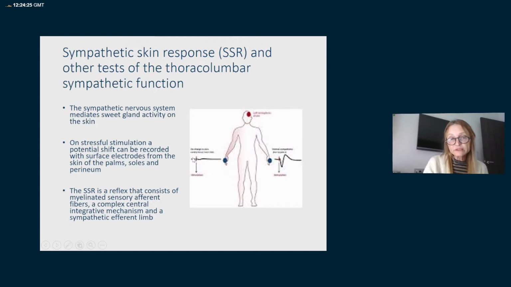The sympathetic skin response is a reflex that consists of an afferent chain, a complex central integrative mechanism, and a sympathetic efferent chain.